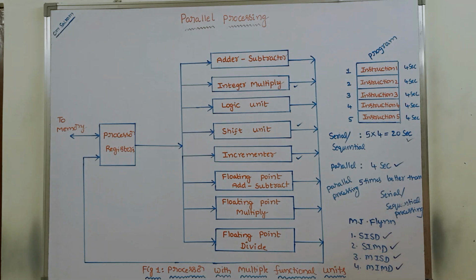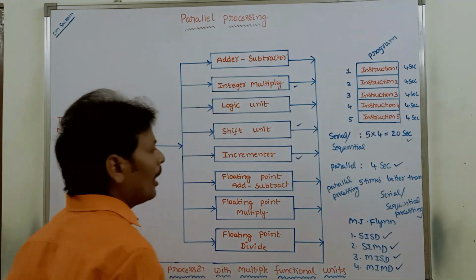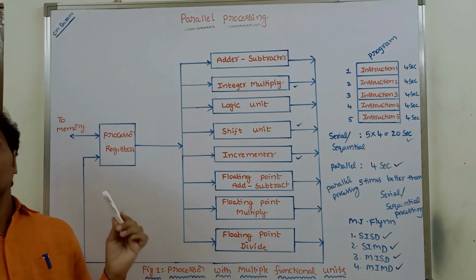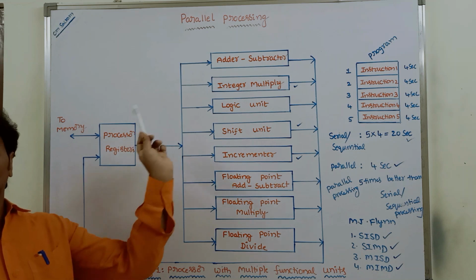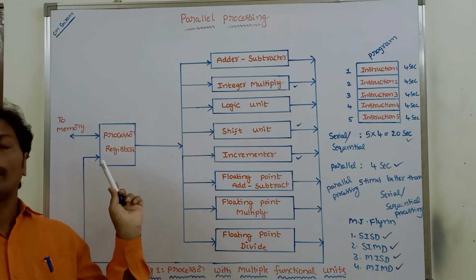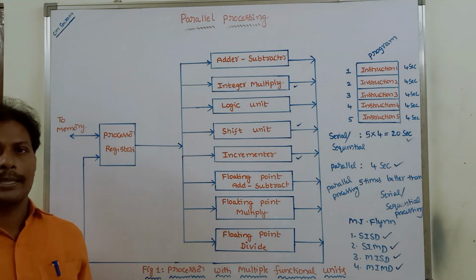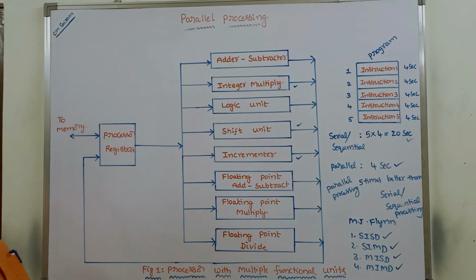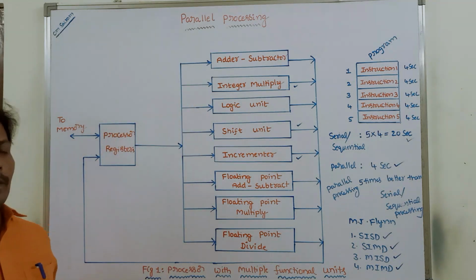Okay. So this is the description about parallel processing and how a single computer with a single ALU performs the execution of multiple instructions at the same time by using a single control unit. That is called parallel processing.